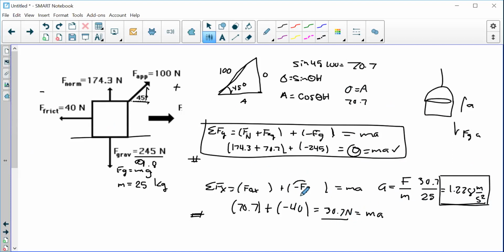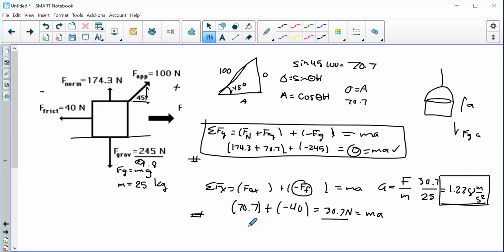So maybe you wanted to figure out what friction was, and if I told you that the net force was 30.7 and that you had a pushing force of 70.7, then you would end up calculating the final frictional force to be 40 in the negative direction. So we could work it from either direction. Right now we're starting in dynamics and then working toward kinematics, but eventually we will be able to go both directions. So just kind of prepare yourself for that.